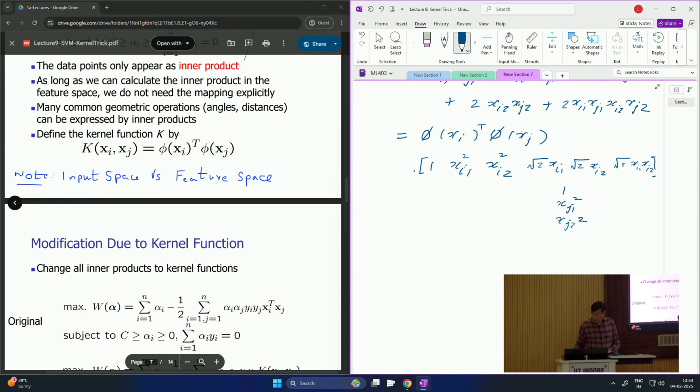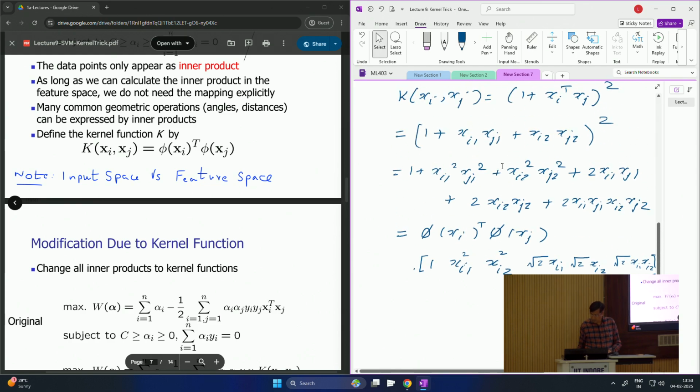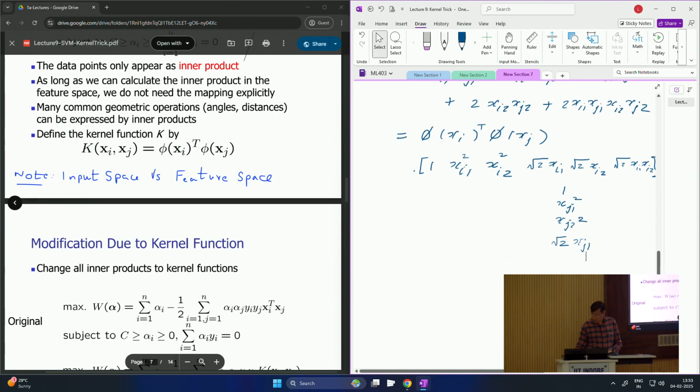Then the next term is 2 xi1 xj1, so it will be square root of 2 xj1 because this term will come, then square root of 2 xj2, then square root of 2 xj1 xj2.